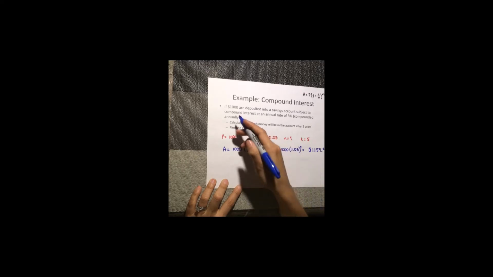Okay, and then the second question says find the interest earned. So if we started with 1,000 and we got 1,159.27, the interest earned is going to be equal to the final amount minus the initial principal.